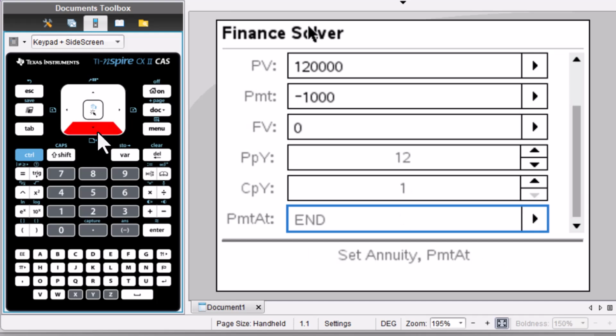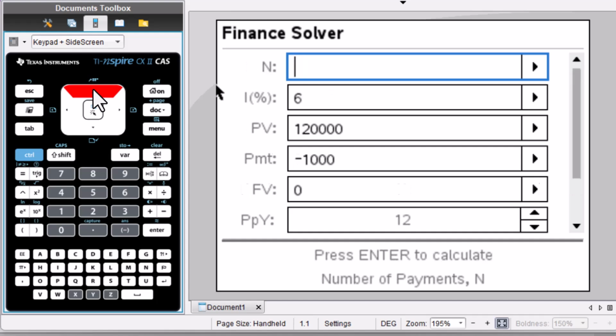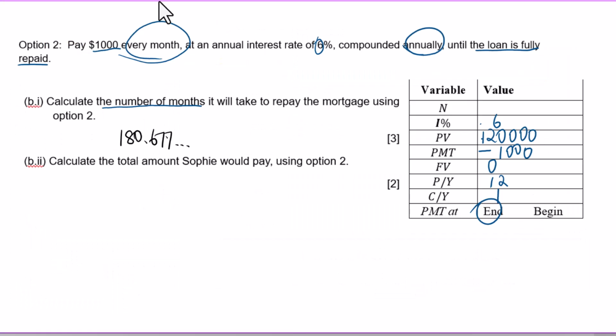This is N. So move the cursor to PV directly. Then go to this N, enter. So this capital N basically means number of months for Sophie to pay, which is 181 as a 3 sig fig. Since we need a number of months, you have to round up into 181 months.